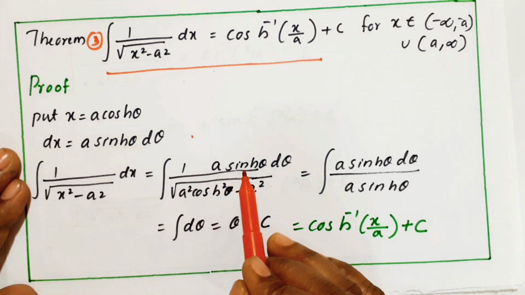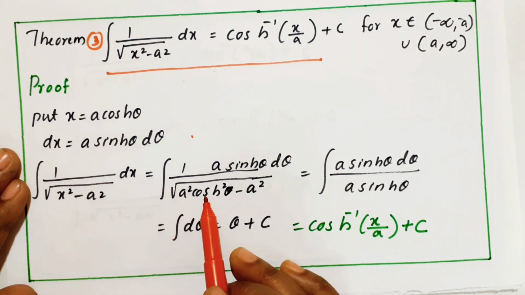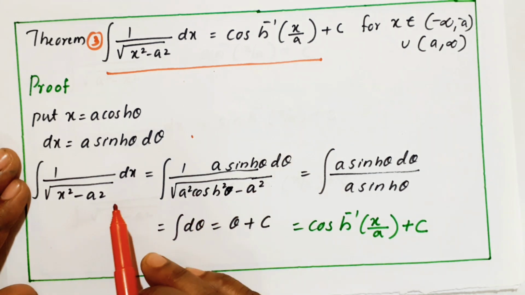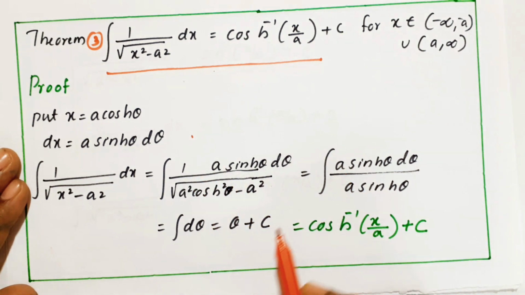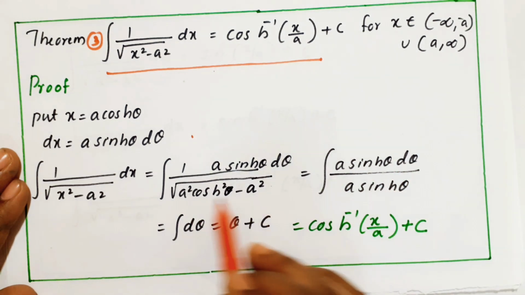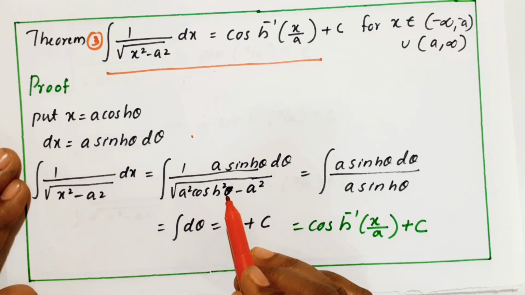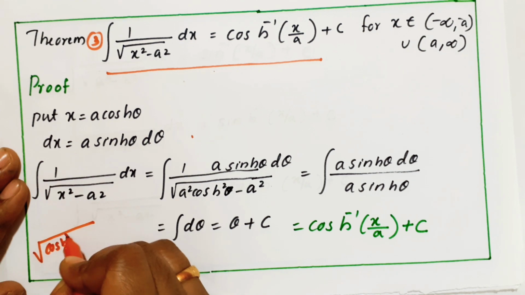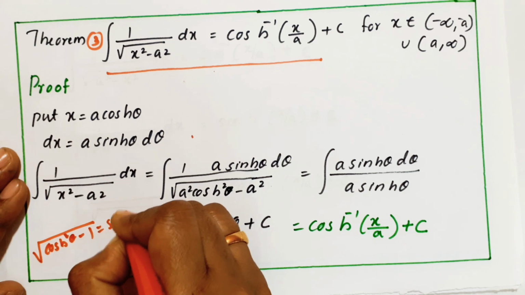It becomes a sinh theta d theta by root over, x value is a square cosh square theta minus a square. A square, take it common, outside the root it becomes a. We can write this as sinh theta in the numerator, and in the denominator a times root over cosh square theta minus 1, which we can write as sinh theta.